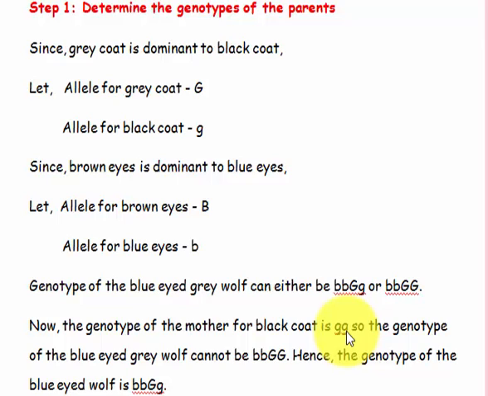So it must receive a lowercase g. Hence, the genotype of the blue-eyed gray wolf is 2 lowercase b, uppercase G, and a lowercase g.